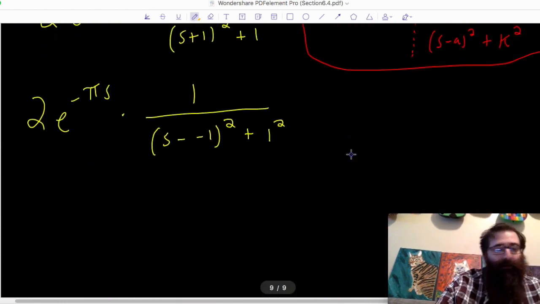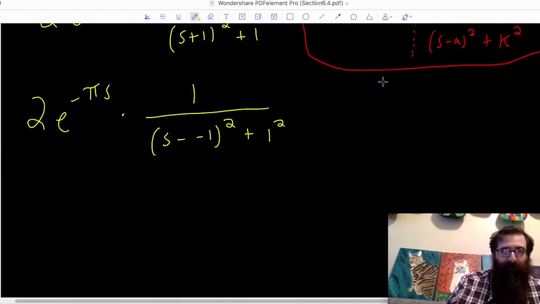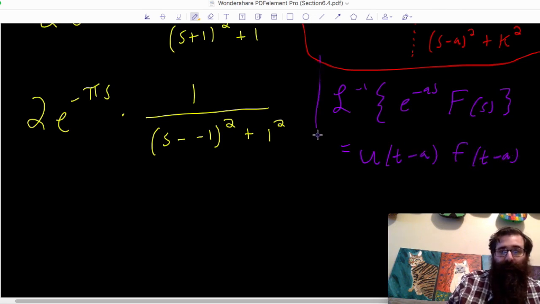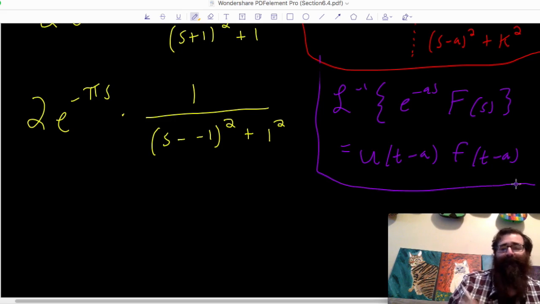So let me write it down here so I have it: Laplace inverse of e to the minus as times capital F of s is going to give us u of t minus a times function little f of t minus a. We used this last time too.